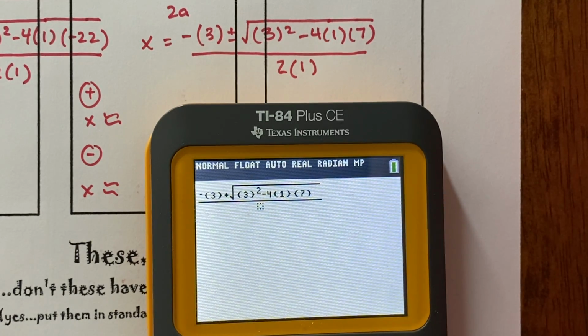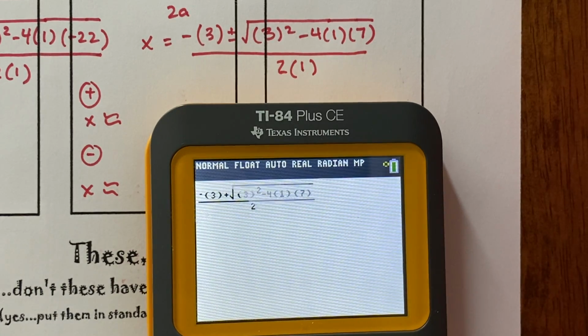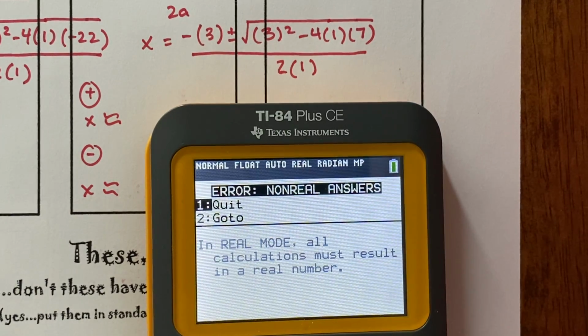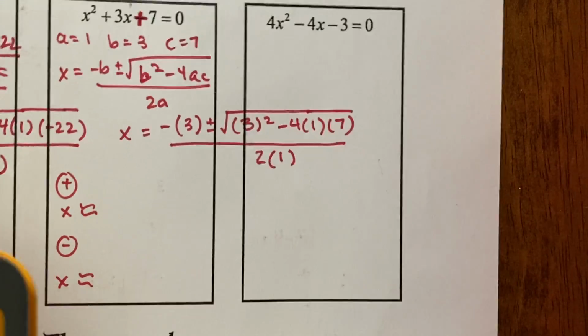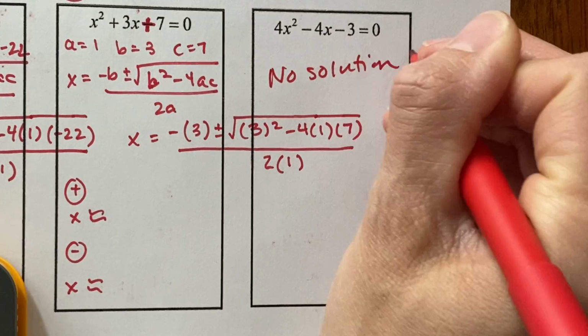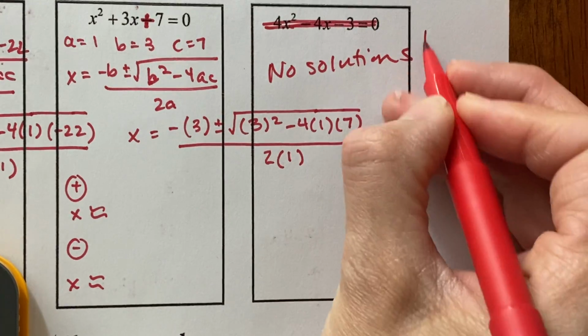It does, good. So go down, and 2 times 1, or simply just 2, hit enter. Ooh, error, non-real answers. Well, here's what this means. This means that there are no real solutions to this one. I'm not going to do this one.